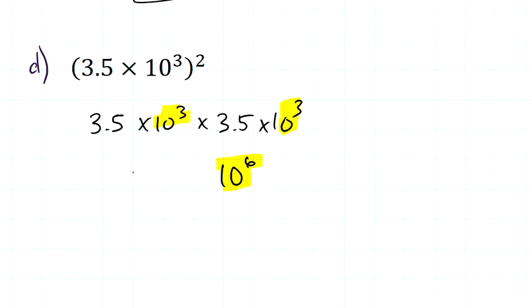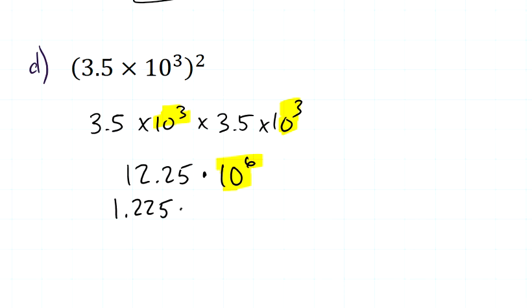And you can see this is where it happened. I got 12.25 when I multiply those two values. This number is not in scientific notation. And this is not supposed to be equals anyways, it's supposed to be times. I need to move this decimal place. So I need it to be 1.225.